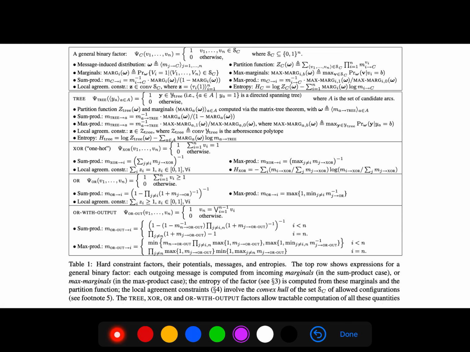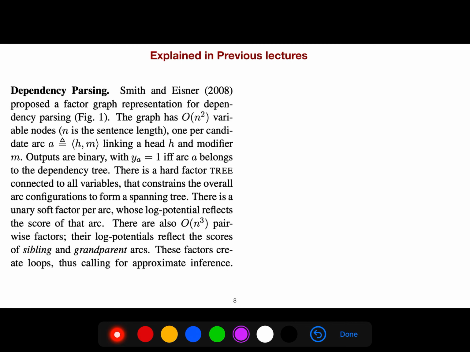So these are hard constraint factors, for example, this one. The name hard suggests what it means. I explained dependency parsing of Smith and Eisner in one of the videos.